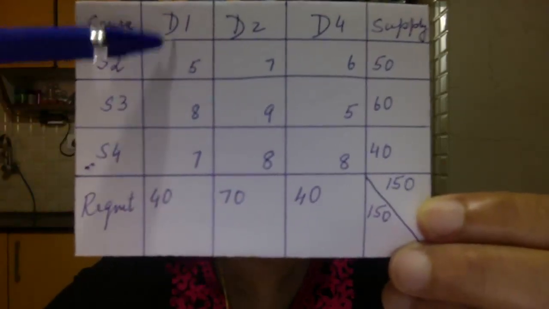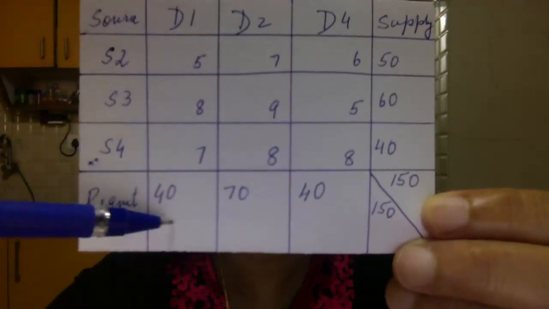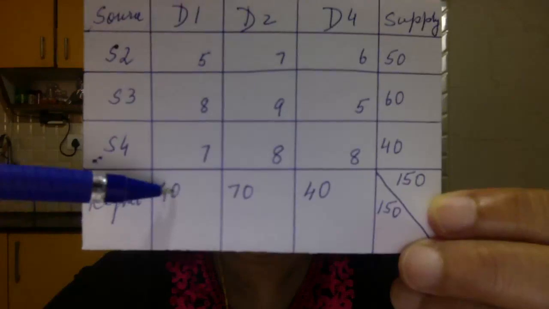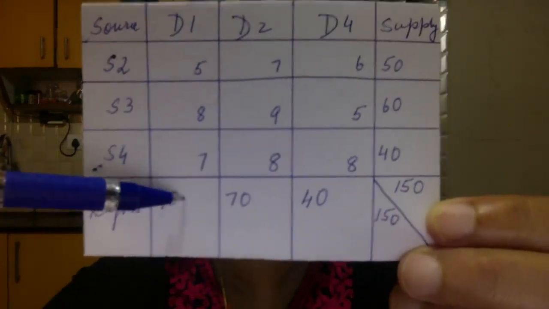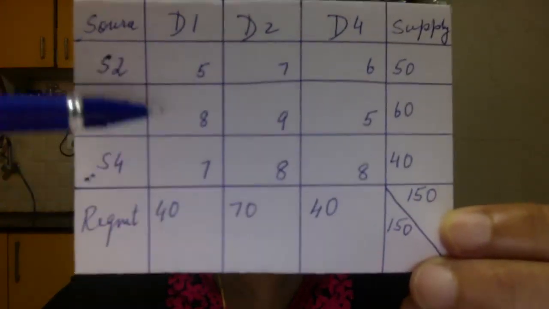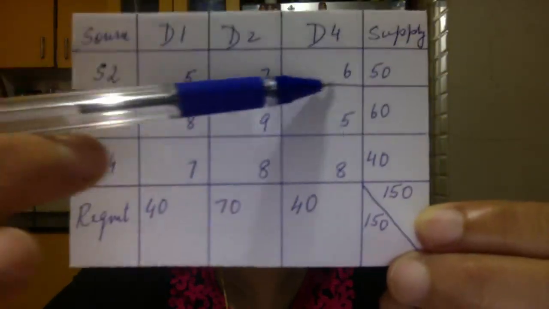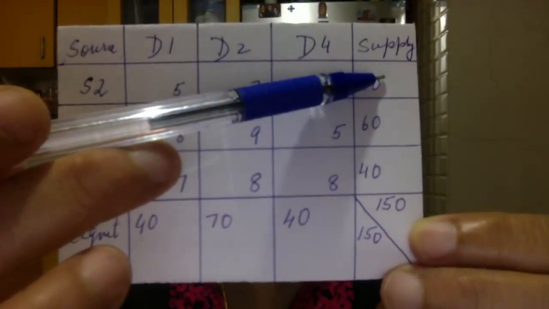So our D1 can be eliminated. Repeat class, there is 40 requirement in D1. I'm going to allot all of the 40 to this cell, and subsequently this 50 becomes 10. Also the grand total will become 110.